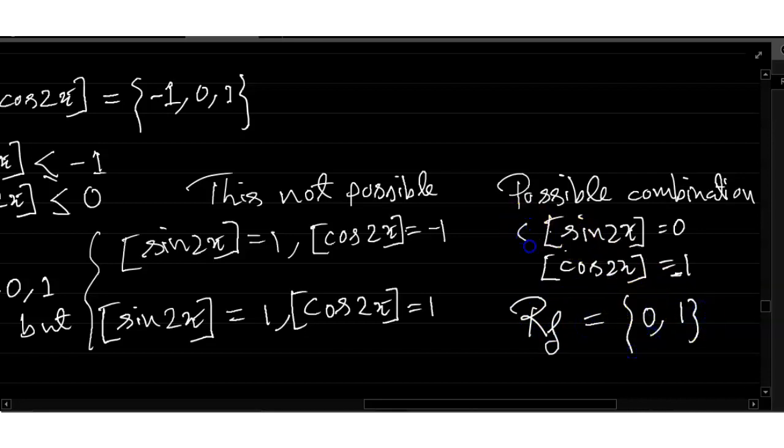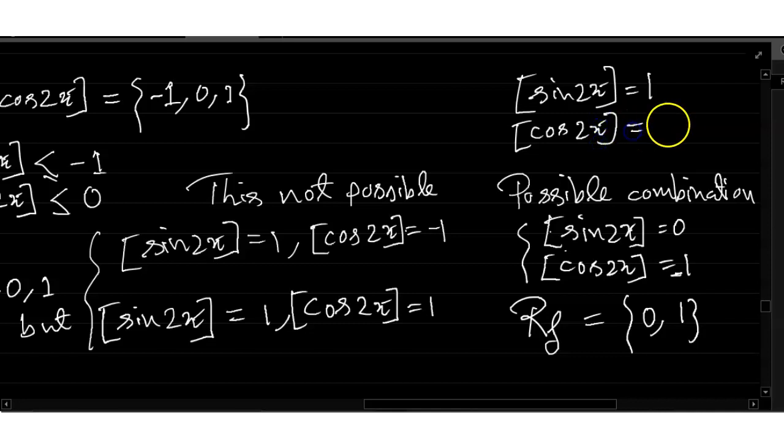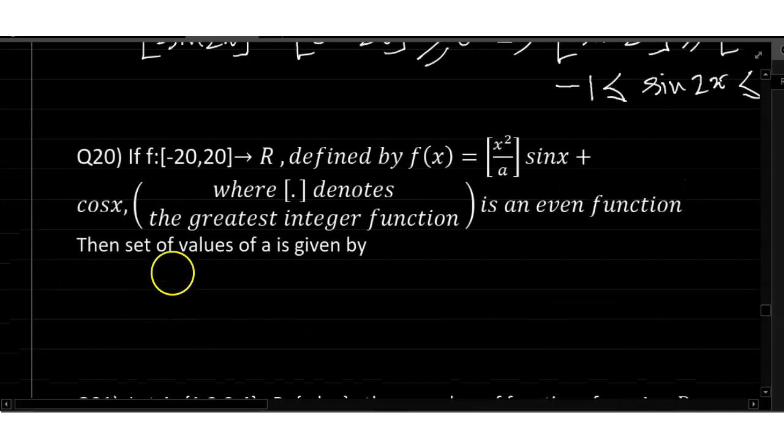Because this is the possible combination. Another combination is sine 2x equals 1, cos 2x equals 0. Clearly f(x) is equal to x square divided by a.